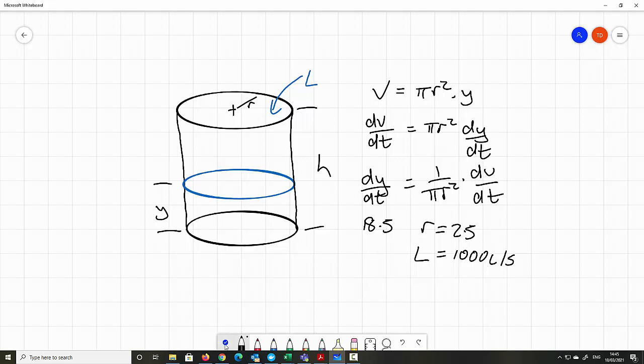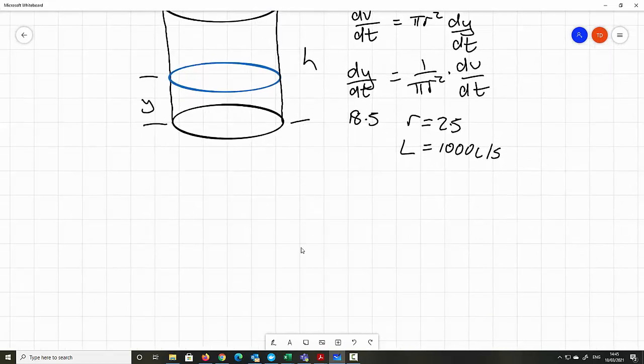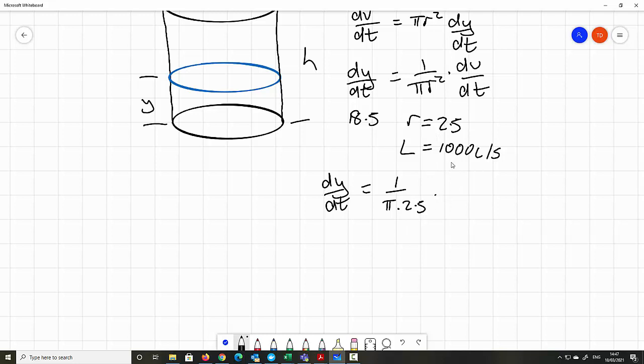So putting these into the equation, dy by dt is equal to 1 over pi times the radius squared, so that's 2.5 meters squared, times the rate of change of volume. Now we're given that the rate of change of volume is 1,000 liters per second. 1,000 liters is equal to 1 cubic meter.